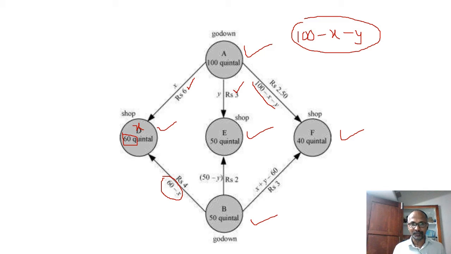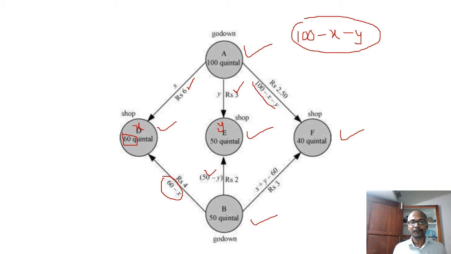Next, the same reasoning. From here Y has come, and 50 we need. So what is the remaining requirement? 50 minus Y should be taken from here, from B, at the rate of rupees 2.